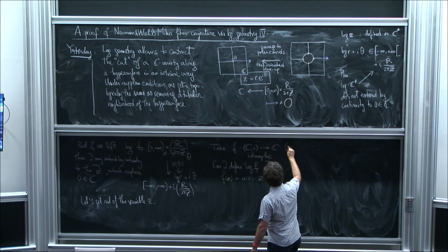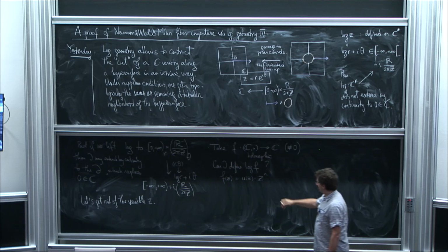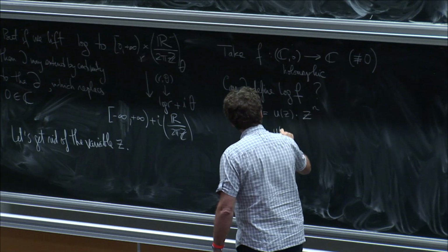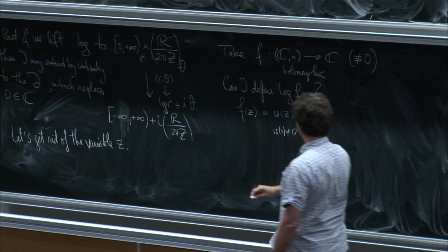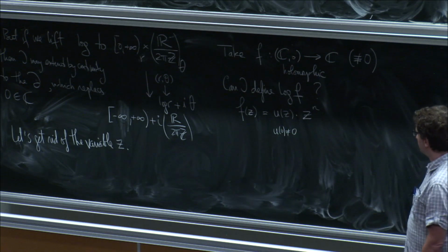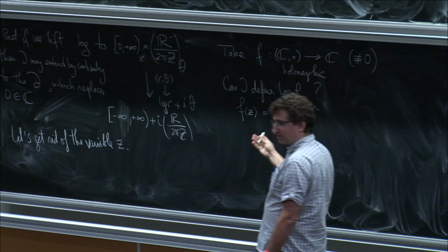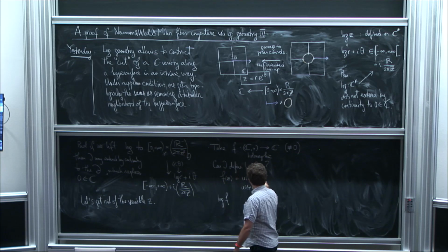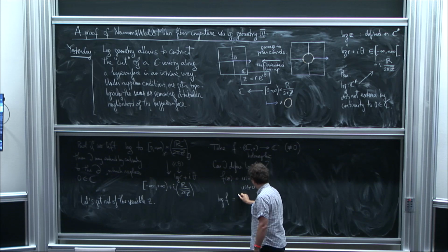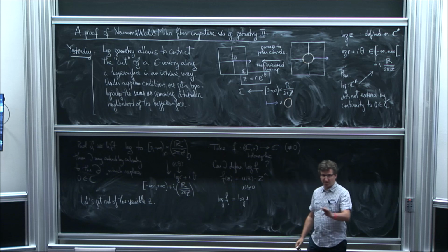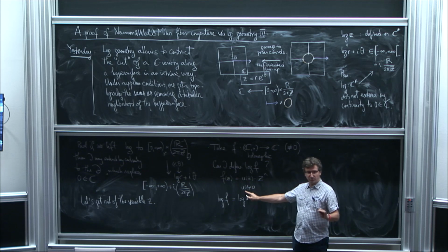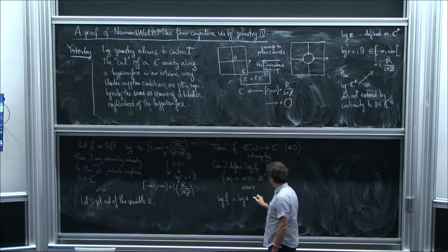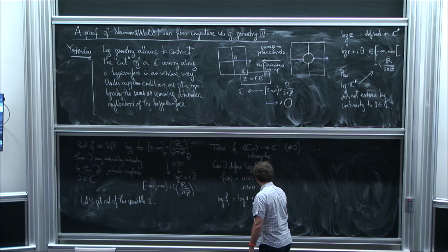So I assume here that it is not the 0 function. And here I assume that u of 0 is different from 0, which tells that indeed it is a unit.